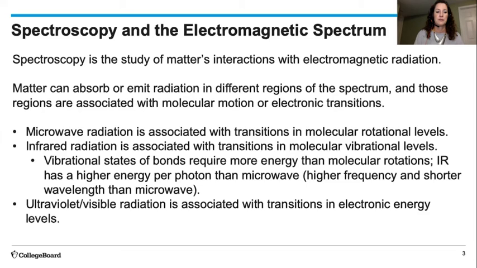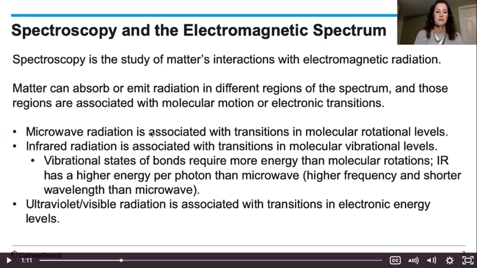Okay, so the electromagnetic spectrum, we kind of already talked about, so this should be review. The only thing that maybe you should pick up more on this time, especially for the AP test, is that if they ever talk about microwave radiation, those molecules are rotating. Infrared is a vibration, so that's what you want to associate it with.